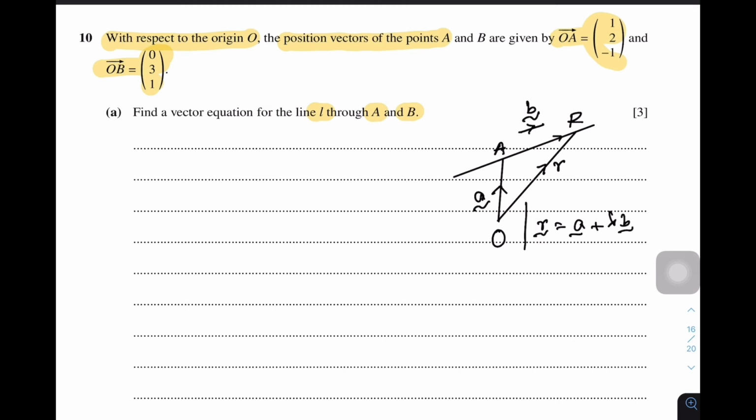This is the vector equation of the line. Lambda can be positive or negative.